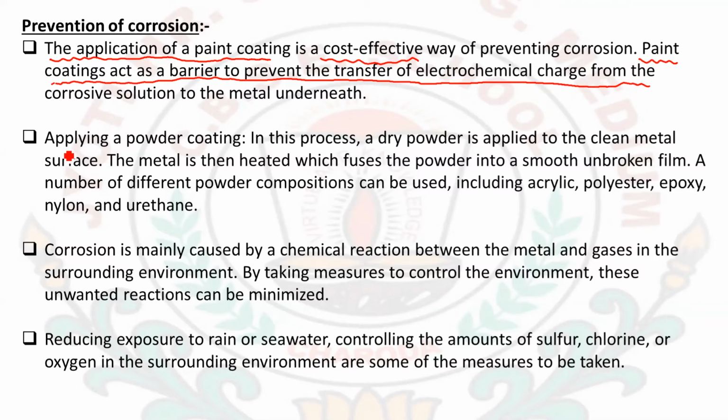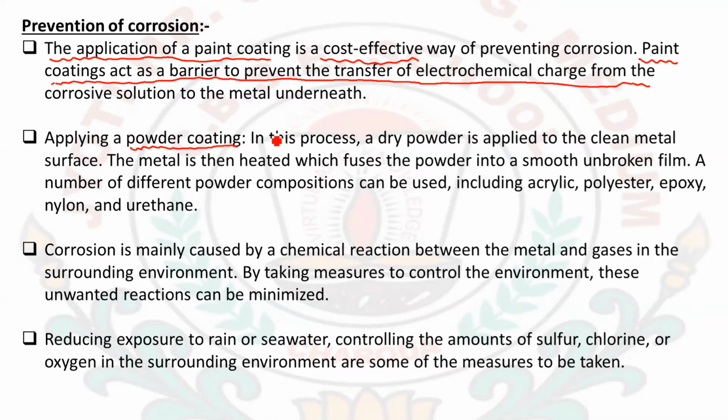Next, one of the expensive measures is that we can powder coat the metals. Powder coating, or spray painting, is the other name for this.